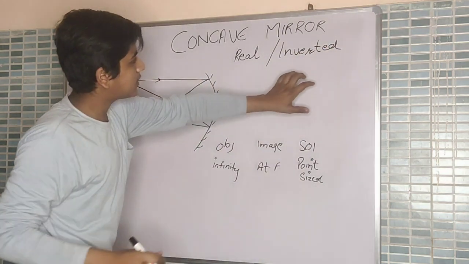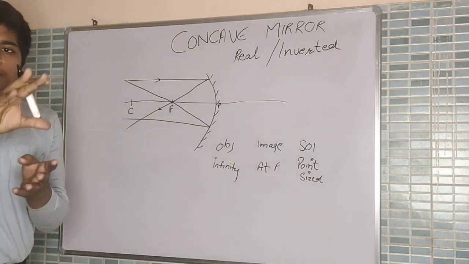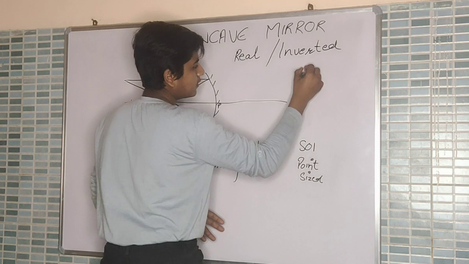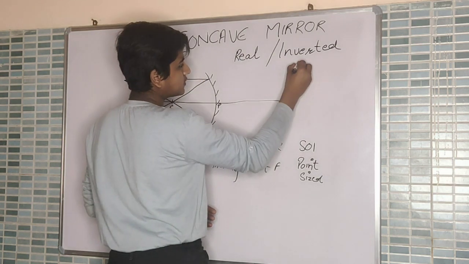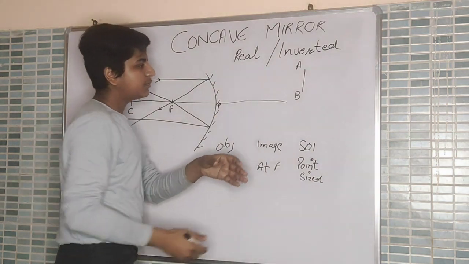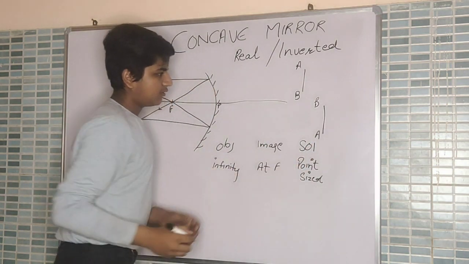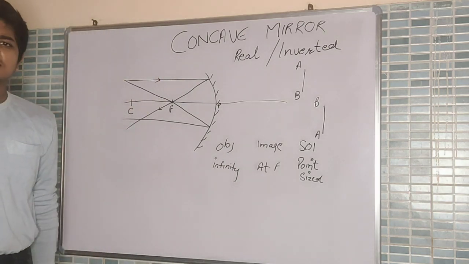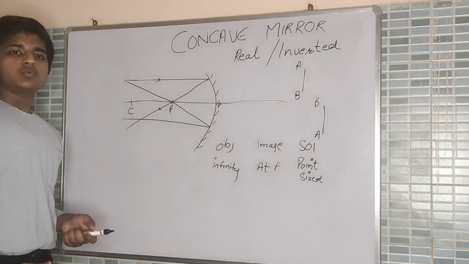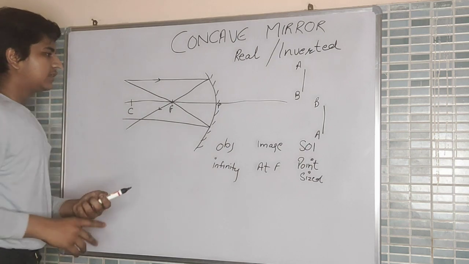So what is the meaning of this word inverted? Means opposite. Suppose this is an object that is A and B, so its inverted image will be B and A. We have always seen that if we are looking towards a mirror, our image is formed from left to right.